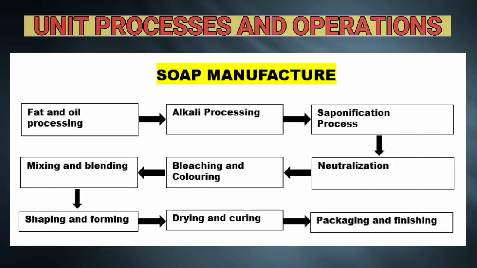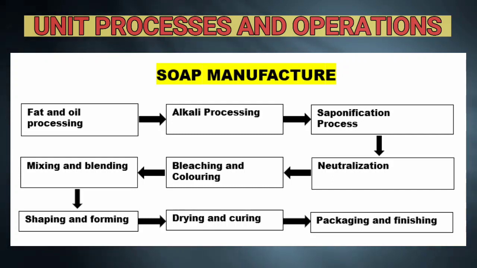Then we have the saponification unit process. The saponification process has to do with mixing and blending of the fat and oil with the alkali, and then heating it and agitating it for the reaction to occur for soap formation.